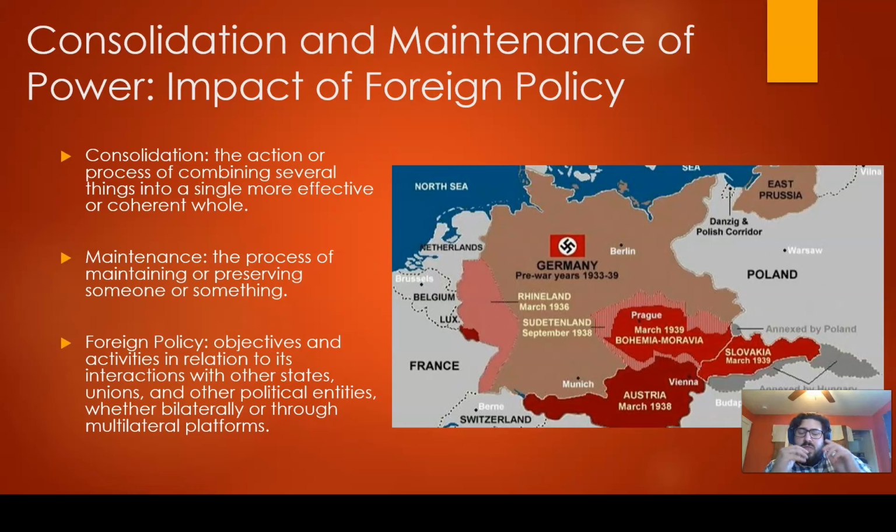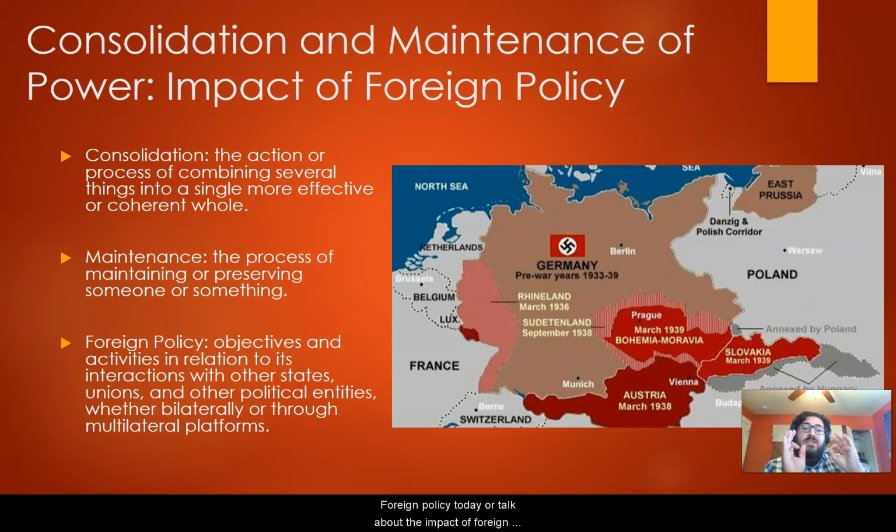So, just as a refresher, consolidation is the action or process of combining several things into a single, more effective, coherent whole, such as mainly focusing on power. Remember, everything we're talking about today is all about power. Maintenance is the process of maintaining or preserving something or someone, maintaining power.